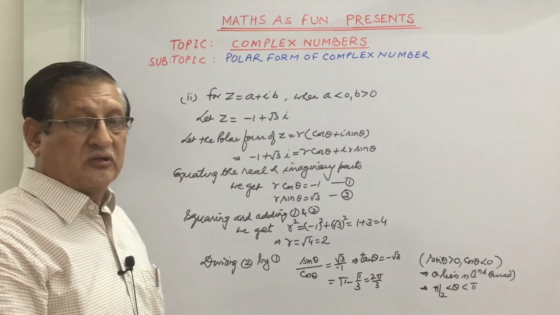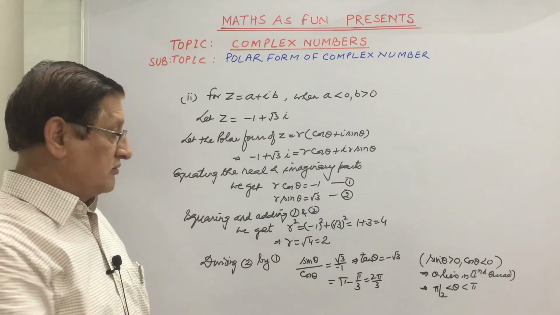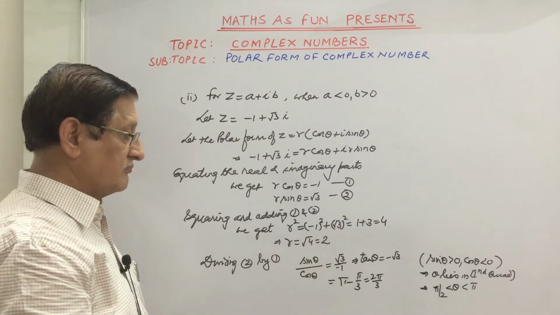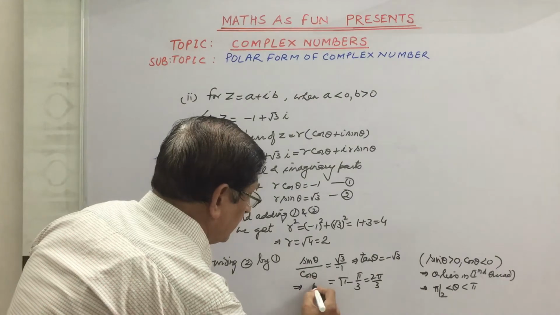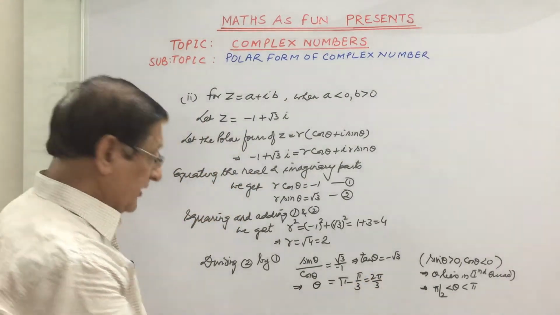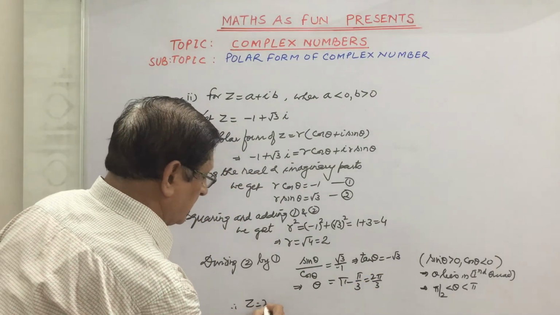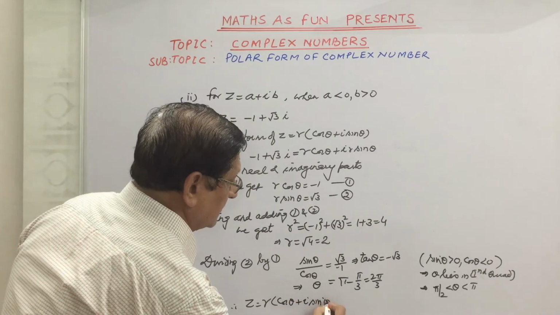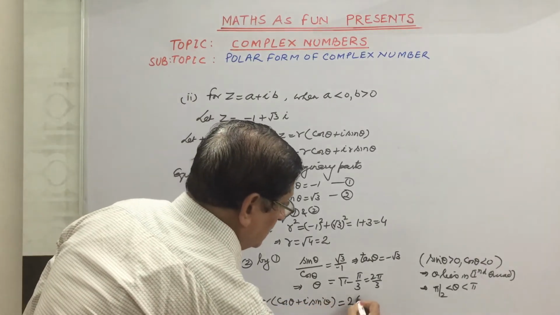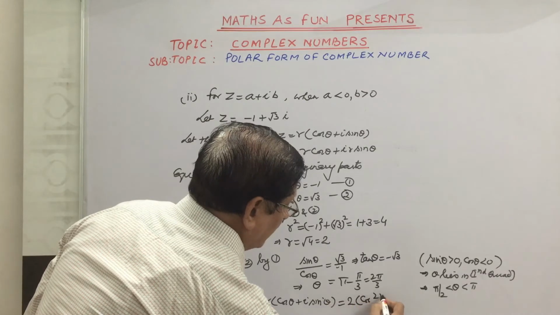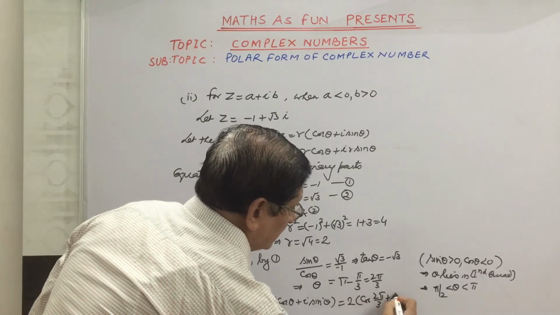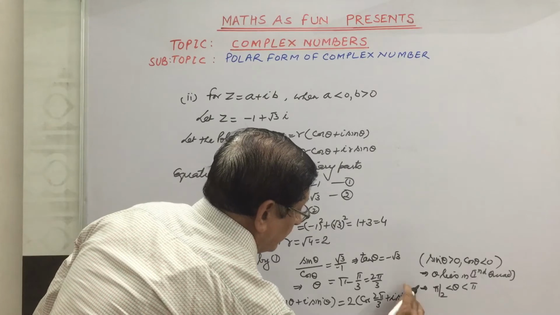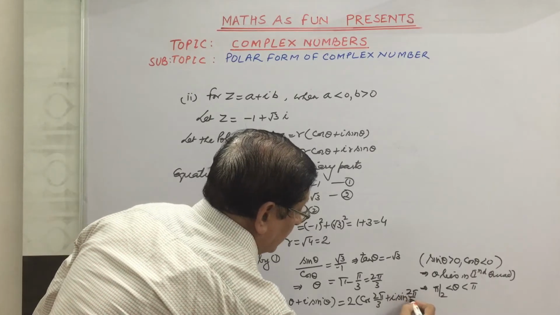Tan 2 pi by 3 is minus root 3. So theta will be here 2 pi by 3, and therefore we can write z is equal to r cos theta plus iota sin theta is equal to 2 into cos of 2 pi by 3 plus iota sin of 2 pi by 3.